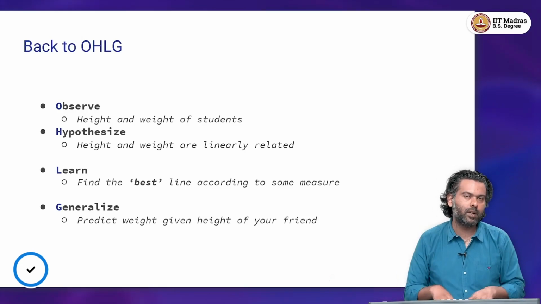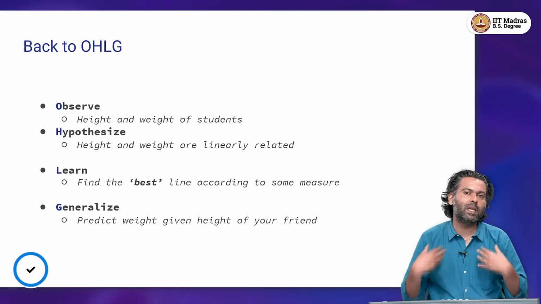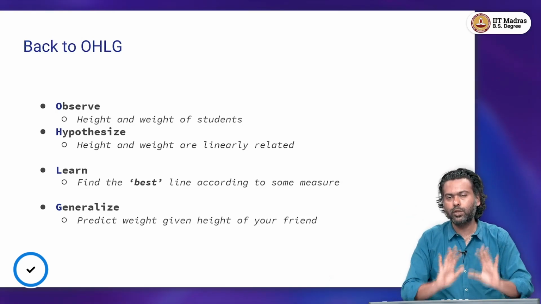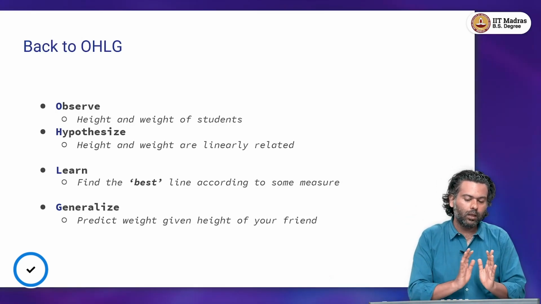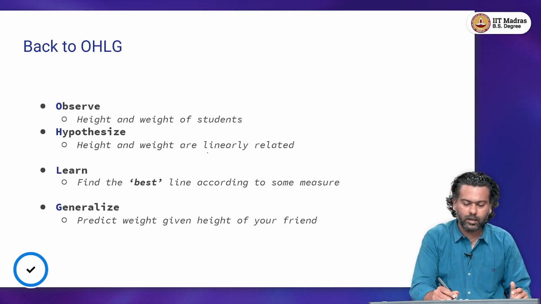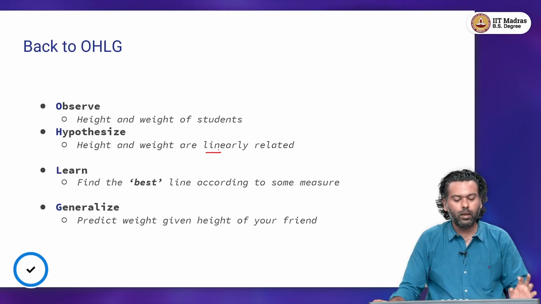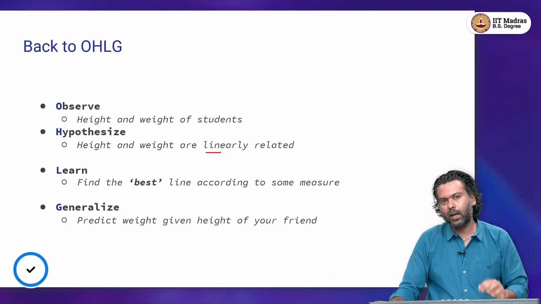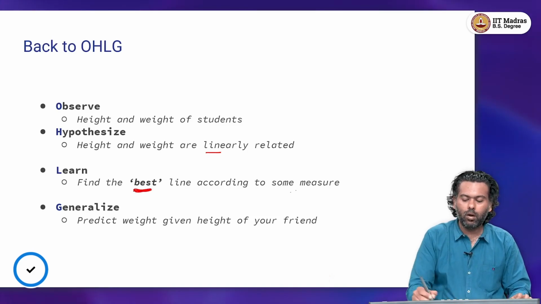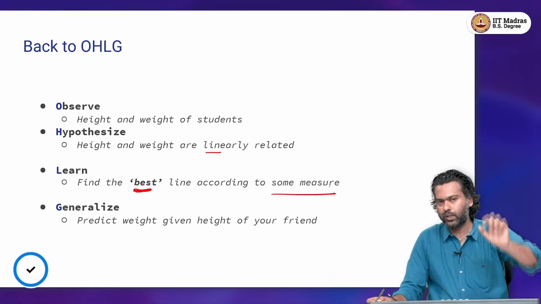That is a hypothesis, something that I think is true based on my world knowledge, my domain knowledge. When I say linearly related, they are related using a line. Now, once I fix that, I want to know which is the line. So now I want to find the best line according to some measure, and that is the question that I have asked you.